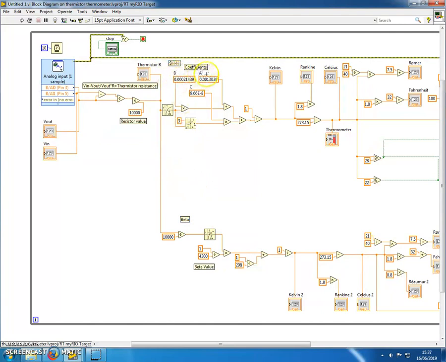So in here, for the Steinhart formula, we have our coefficients A, B, and C, which were calculated using an online calculator. They were plugged into this Steinhart formula just here, broken down into its basic steps. The output of the formula gives us temperature in Kelvin.